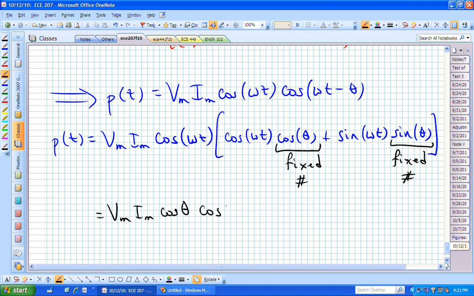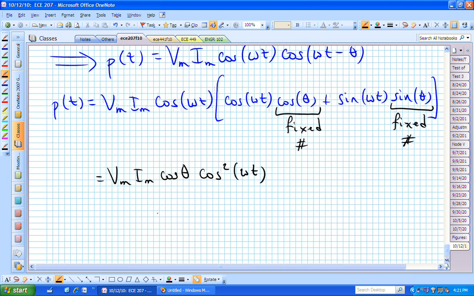And let me now combine the first pieces, and I have cosine squared omega t. I also have the other piece that was associated with the sine. I now have sine of theta, and I have that as the time-varying part, sine omega t times cosine omega t. That's just algebra after I've used the trig identity.